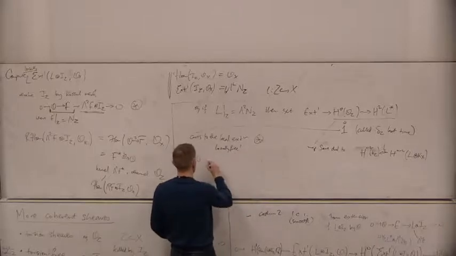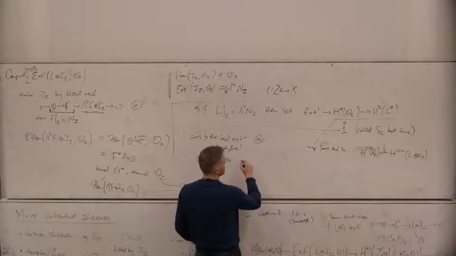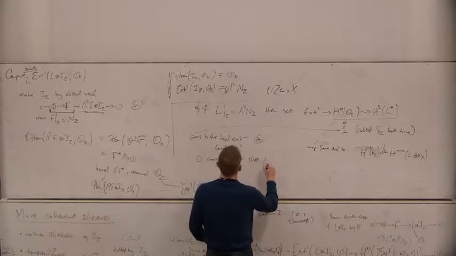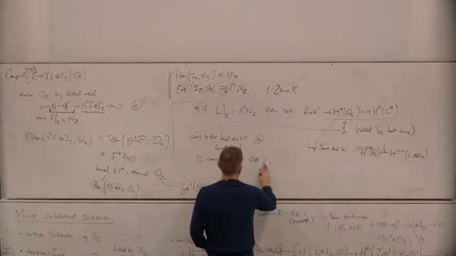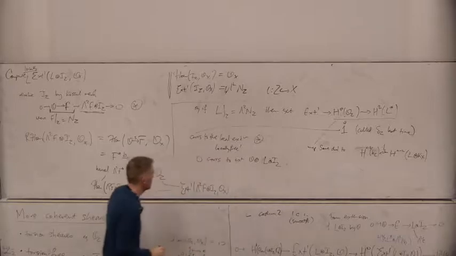Okay, whereas 0 corresponds to the trivial extension, which would be O direct sum, whatever. What did we do? Was it L? L tensor I_Z. That was the one we didn't want.